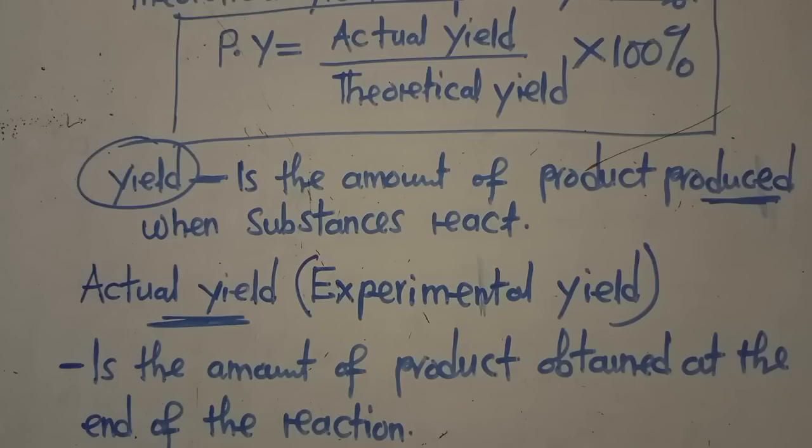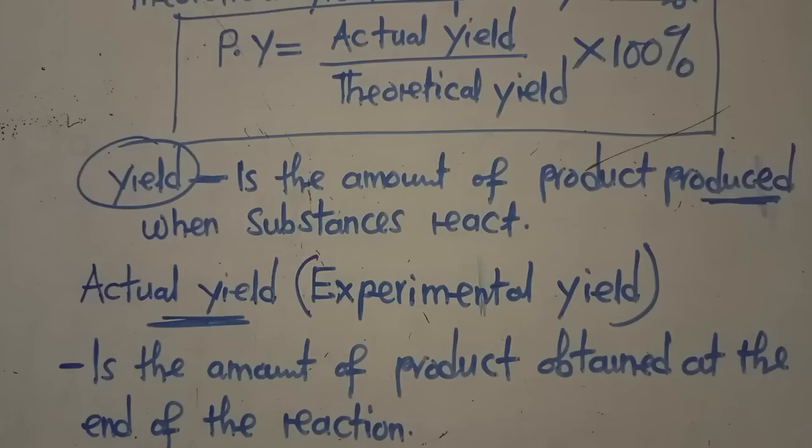Then there is also what we call the theoretical yield. When I say theoretical, what I mean is that this is the maximum amount of product calculated from the measured amount given.